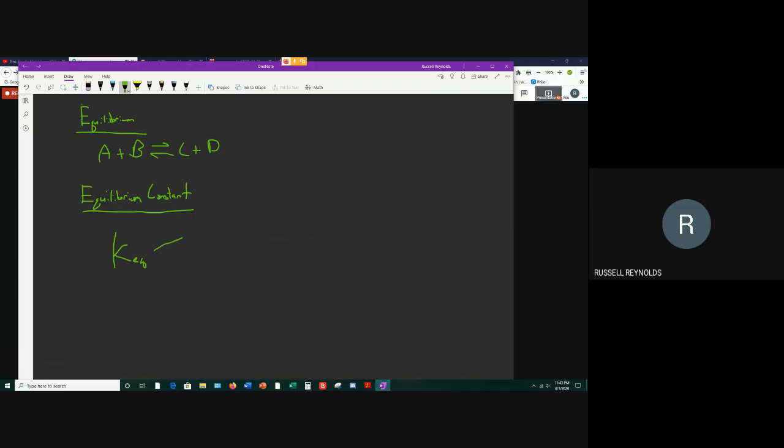But there are two common ways to write the equilibrium constant, and these are the two ways you'll see it written throughout the rest of the semester. One of them is Kc and the other is Kp.